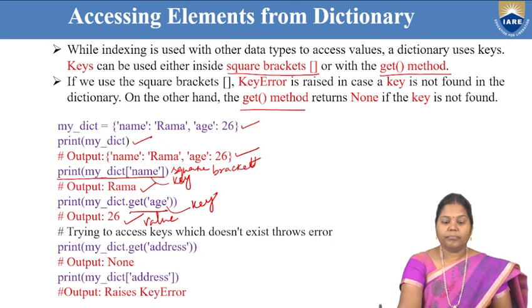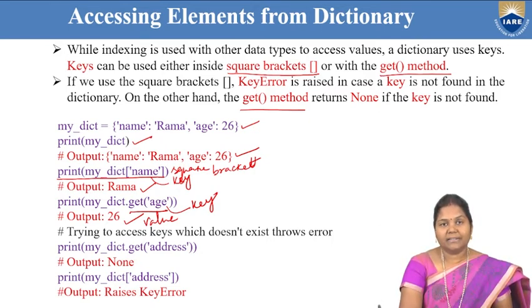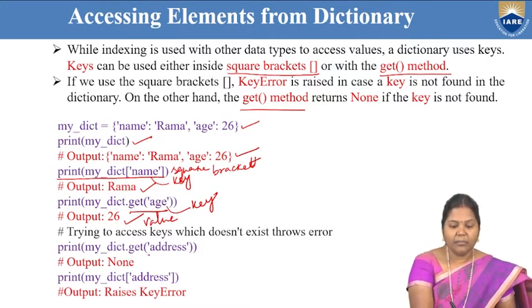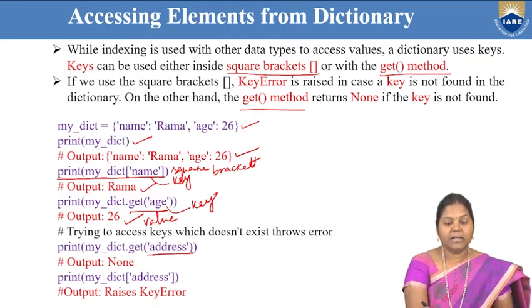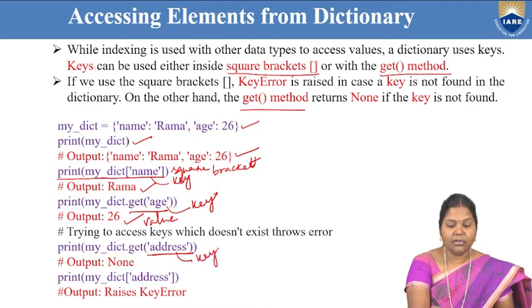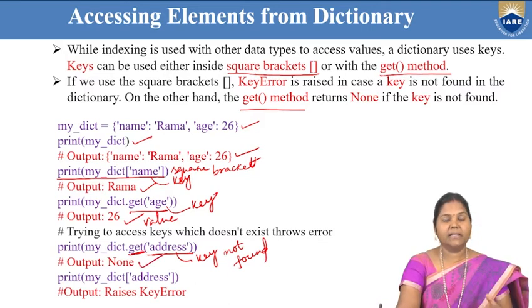Now, whenever that key is not available in the dictionary, what is the difference between square brackets and the get method? You can see here, I want to get the address, but the address is not there as a key. So this key is not found. If you are using the get method, then it will return None because that key is not found.